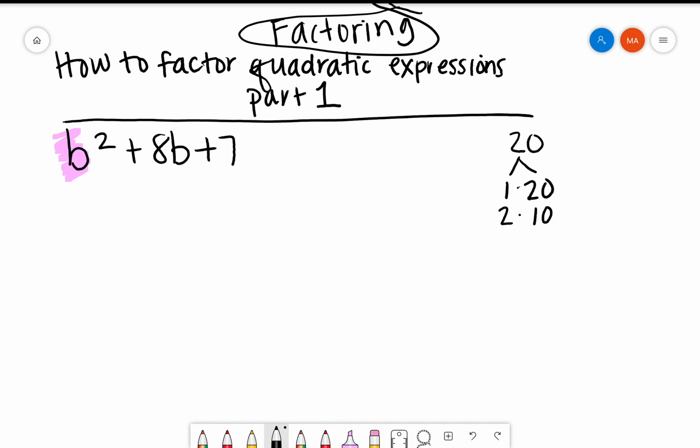3 doesn't go into it. 4 goes into it. 4 times 5. Then after 4, you go back and repeat the 5 times 4. And then you have 6 doesn't go into it, 7 doesn't go into it, 8 doesn't go into it, 9 doesn't go into it.